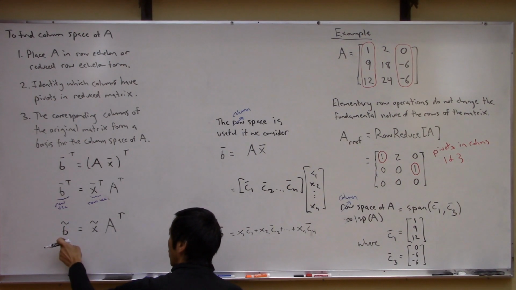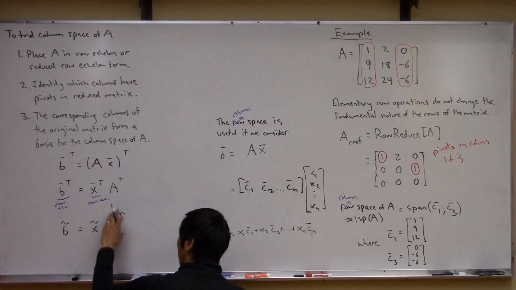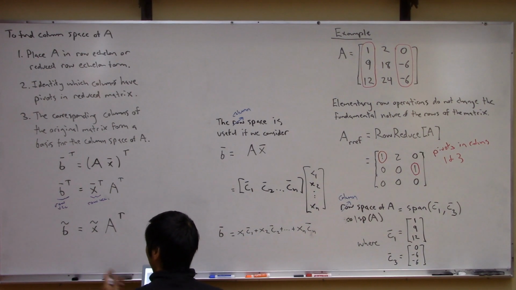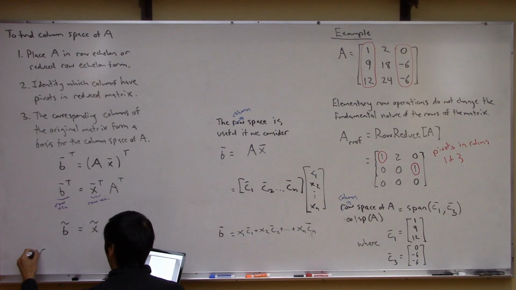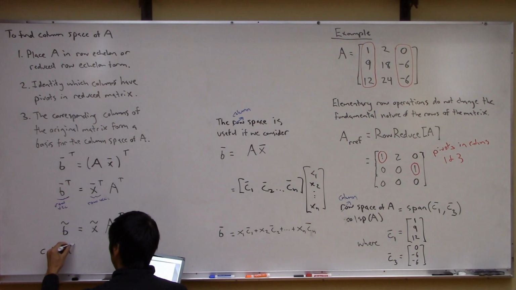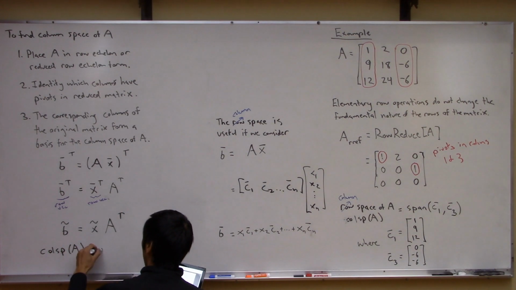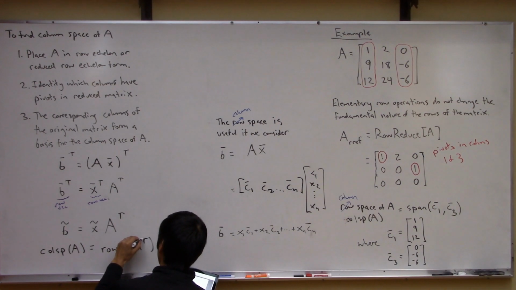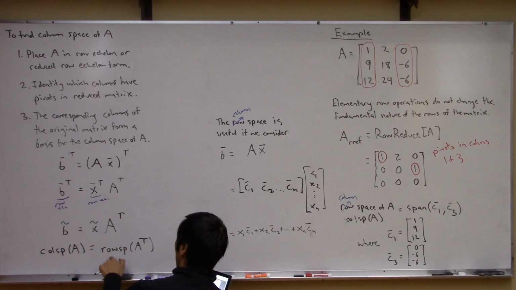So now we see that this B has to lie in the row space of A transpose. In other words, the column space of A is actually the same thing as the row space of A transpose. So here's another way you could do this.